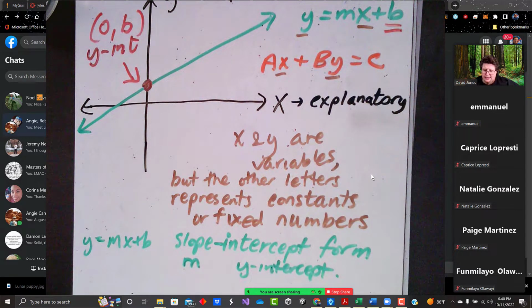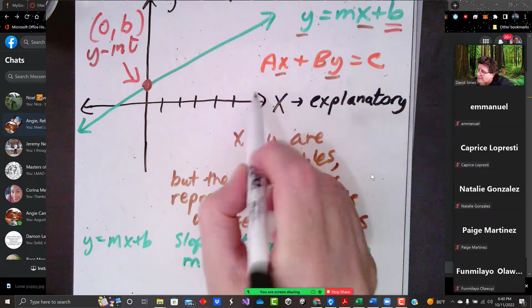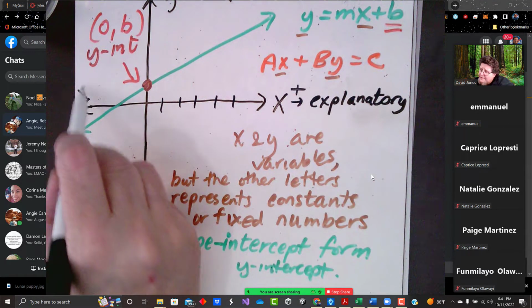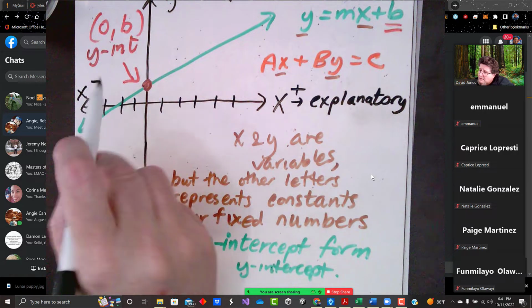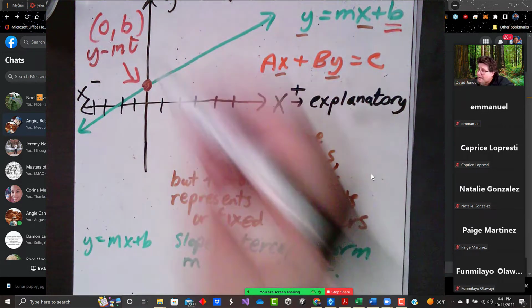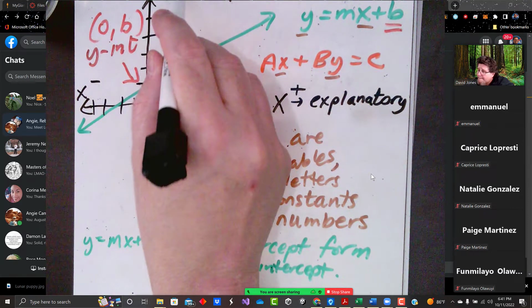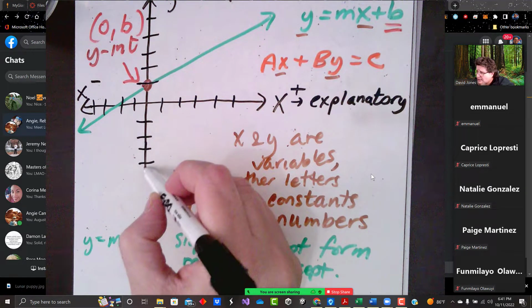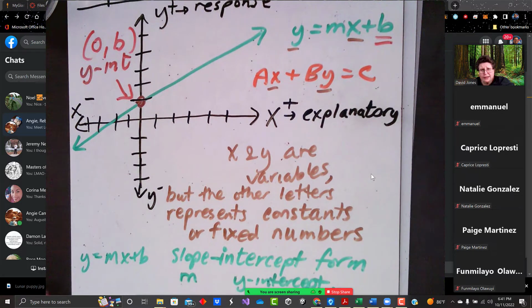So on the graphs, going to the right is positive for x. This is positive x, and going to the left is negative x. Going up is positive y, and going down is negative y. So we can represent all the positive and negative numbers for x and y on a graph.